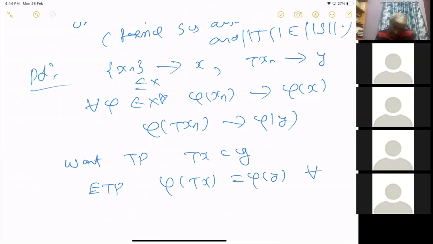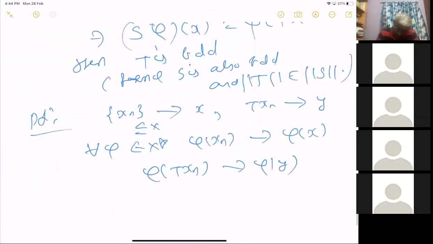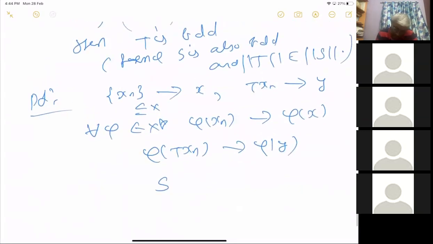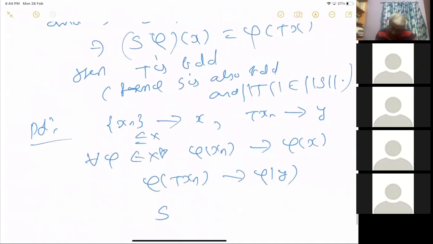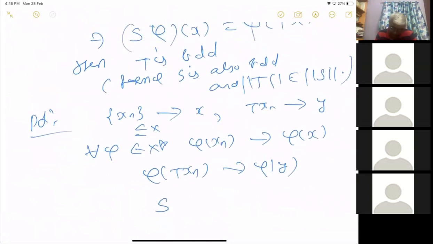Phi of Tx_n converges to phi of y. This is equal to S of phi at x_n. S of phi at x_n converges to phi of y.